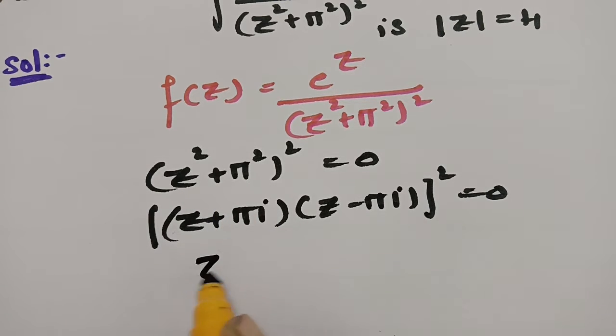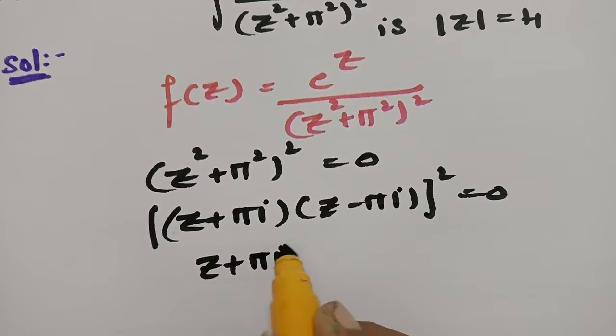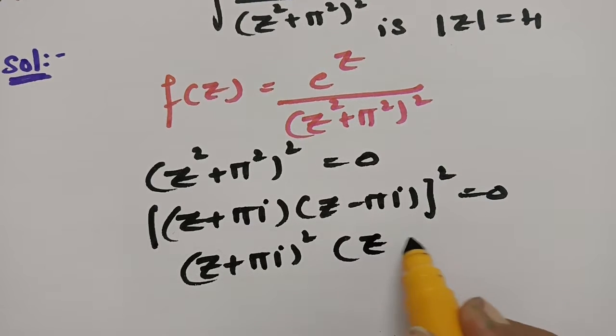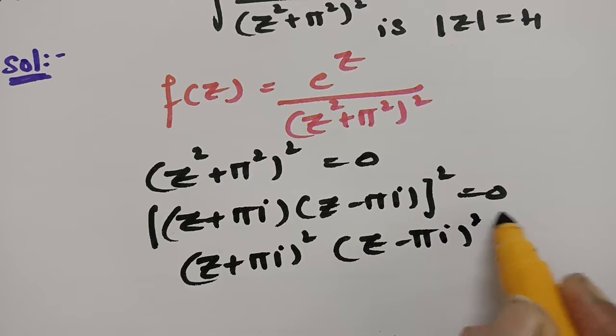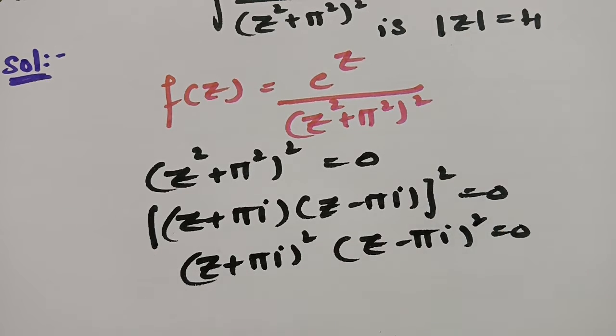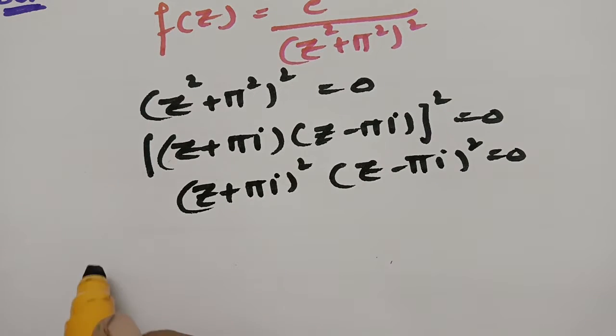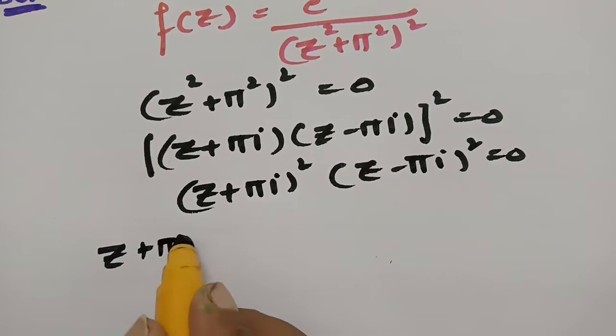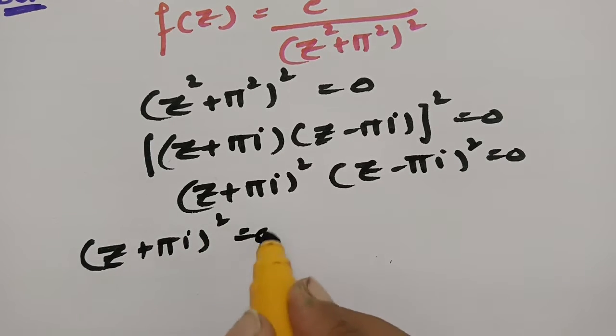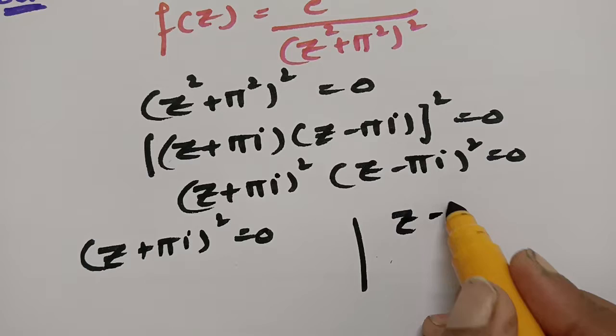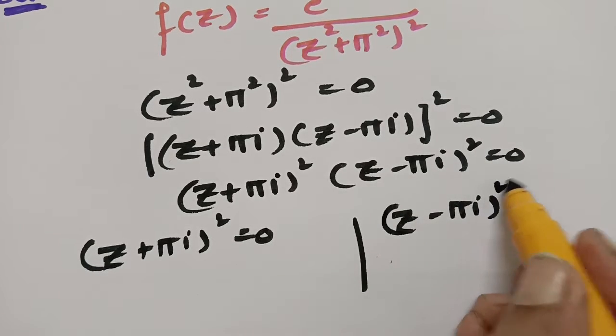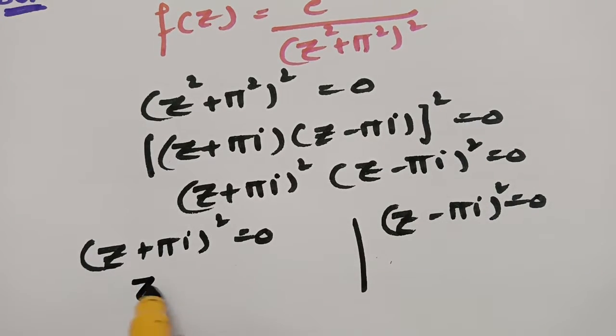So (z plus pi i) whole square into (z minus pi i) whole square is equal to 0. Now if I equate z plus pi i whole square to 0, and z minus pi i whole square to 0, here z is equal to minus pi i.